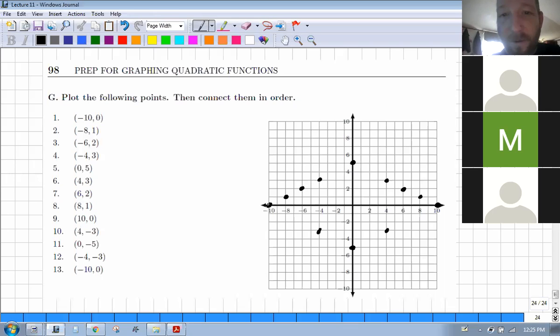So to connect them in the order that they were listed, it looks like that.